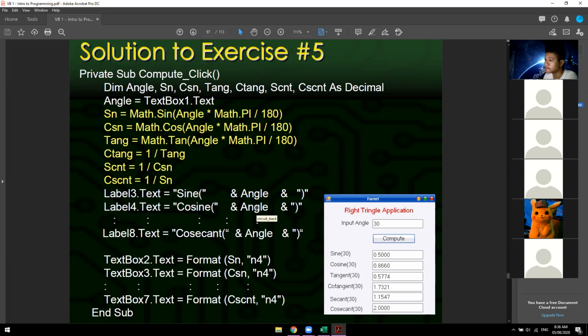Any other question? Question. Wala na? Breakfast na ba kayo?